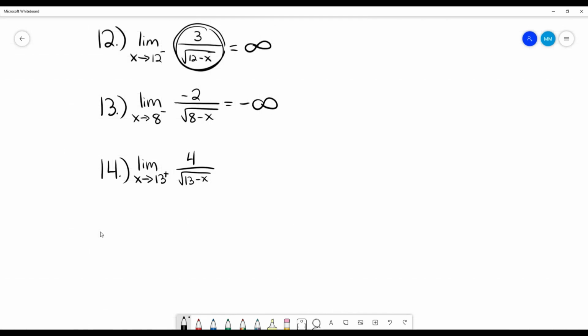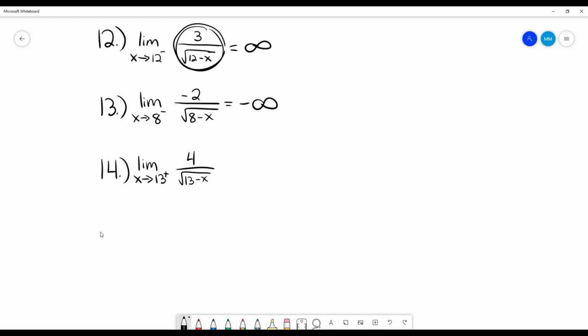And then number 14 is a really similar problem, except now we're approaching 13 from the right, which means we'd be looking at values greater than 13, which if we try that, any value that we plug in that's greater than 13 is going to be undefined, right?